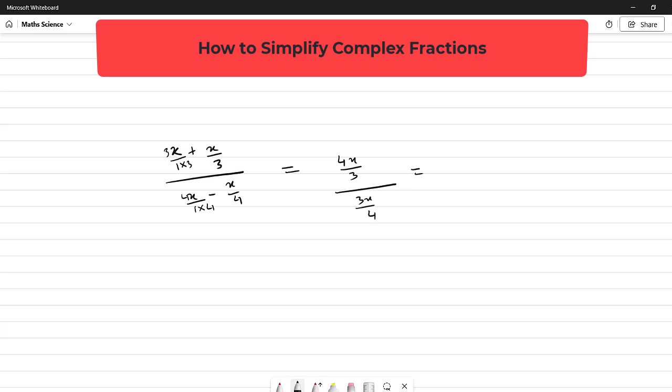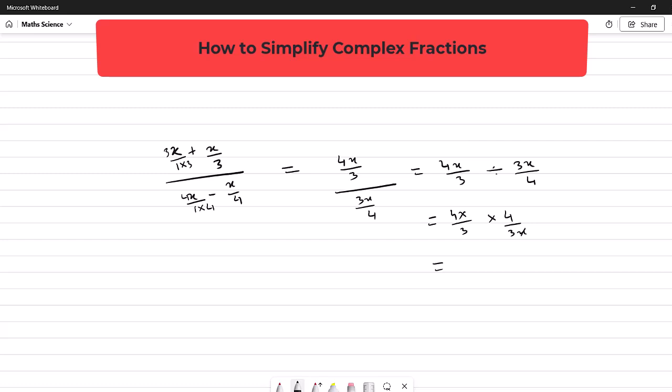Now we can rewrite this as 4x divided by 3, divided by 3x divided by 4, and this just becomes 4x divided by 3. We change this to multiplication, so we take the reciprocal of this, and this becomes 4 divided by 3x. Now let's simplify it.